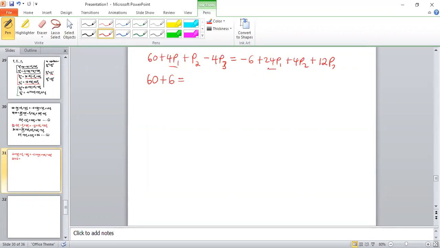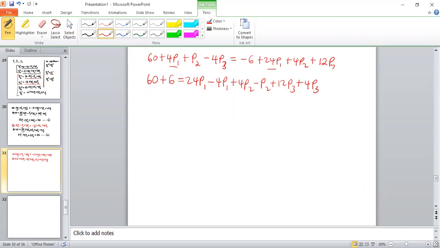So we have the 24p1, minus 4p1, plus 4p2, minus p2, plus 12p3, plus 4p3.